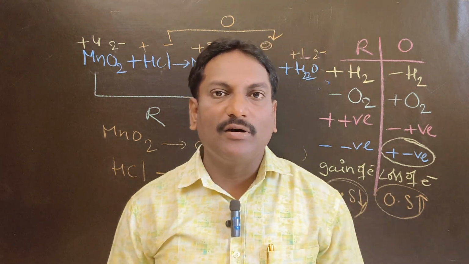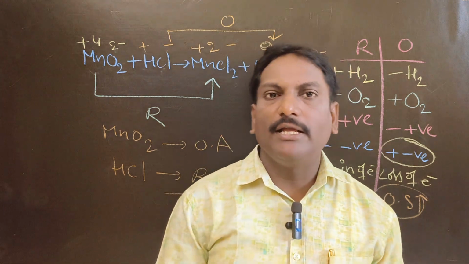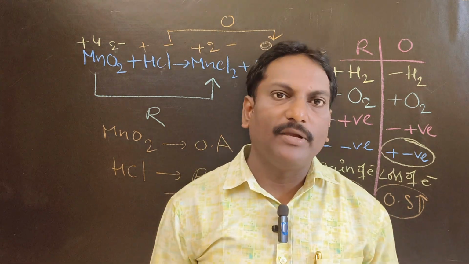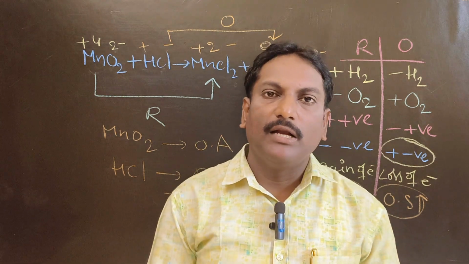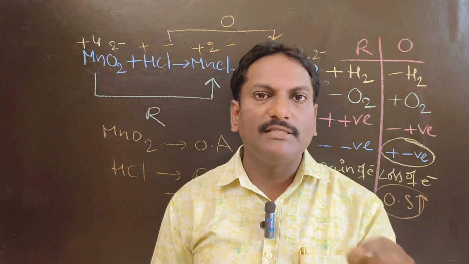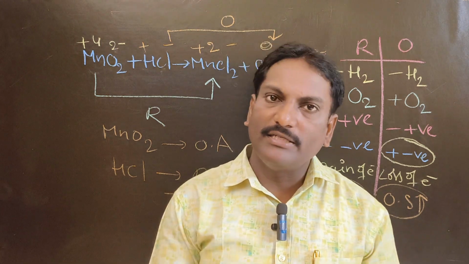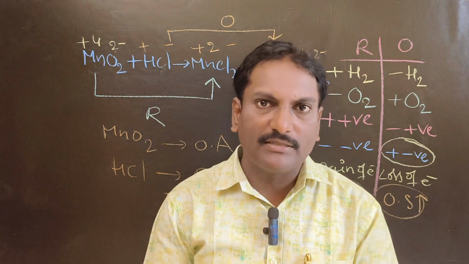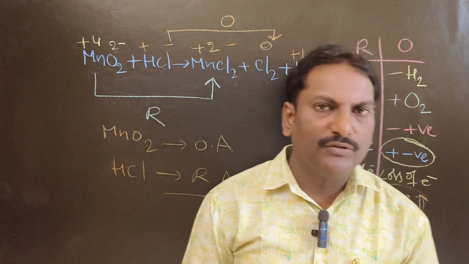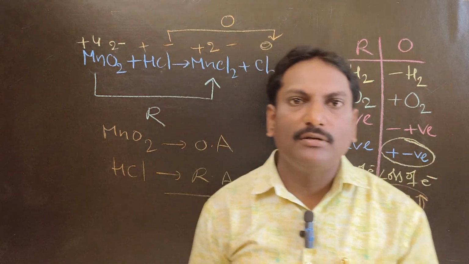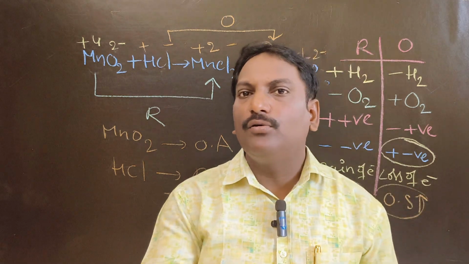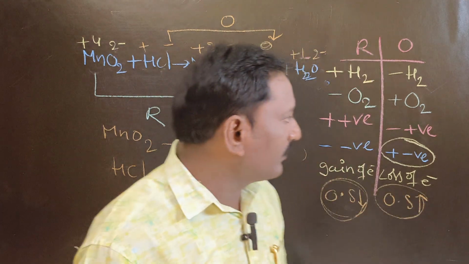I hope you understand this concept, right? Take out the textbook, write some equations and try yourself to find oxidizing agents, reducing agents, reduced ones, oxidized ones, and oxidation and reduction in the given reactions of the textbook. If you have any doubt, let me know through the comment box, right?